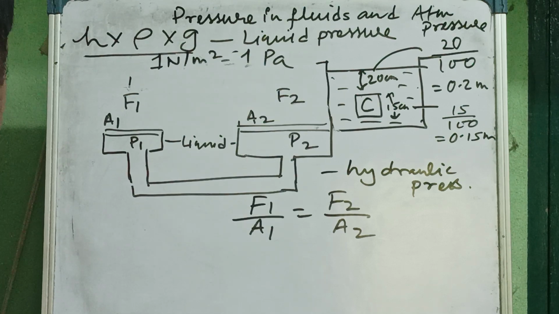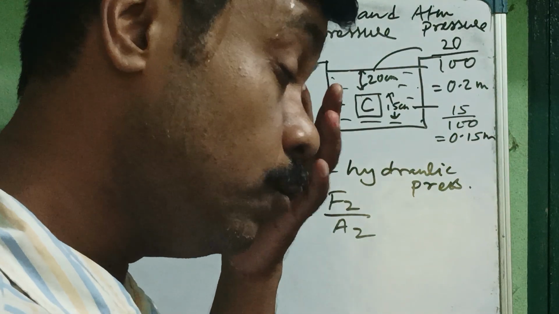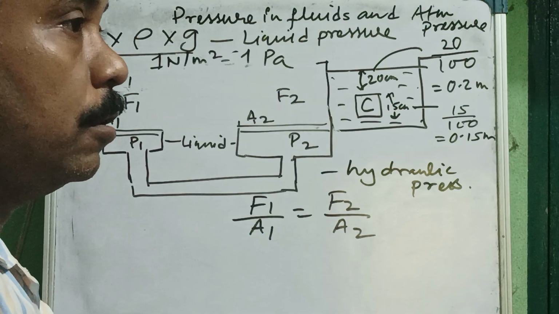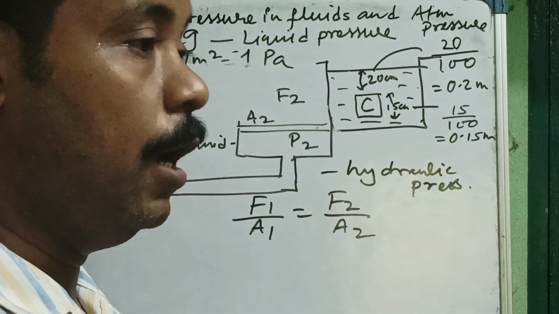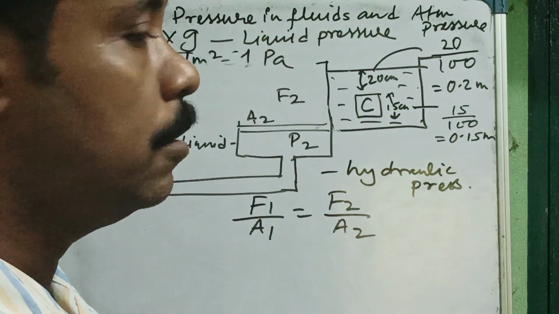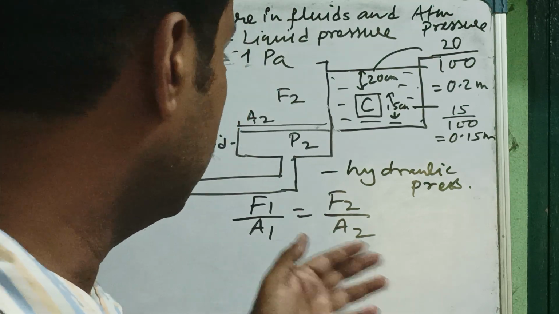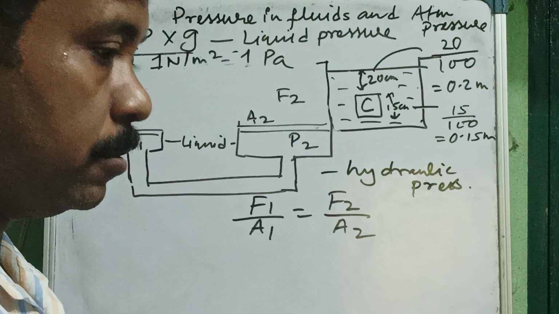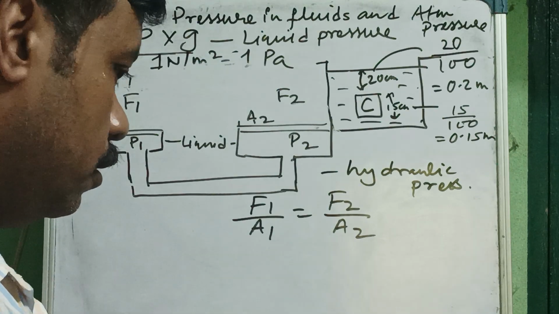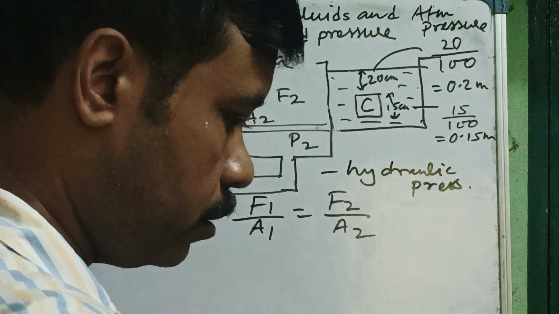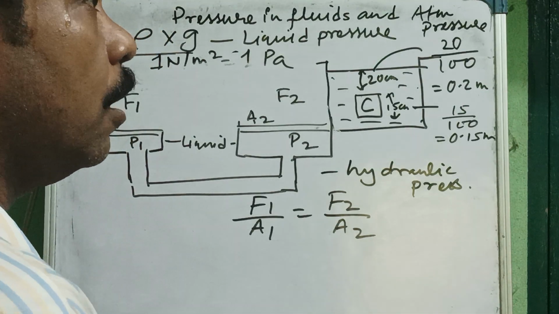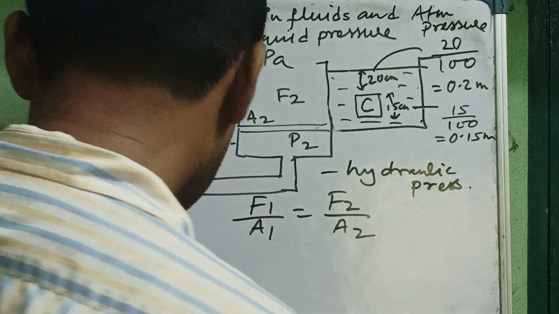Hydraulic press is applicable, like in a garage. You know that for car washing, the car goes upwards by pressing some switches, and these switches can be taken as pressure, and that is hydraulic pressure. This switch can exert some amount of pressure in some area, and this is transmitted through the liquid, and by this pressure the car goes upwards.